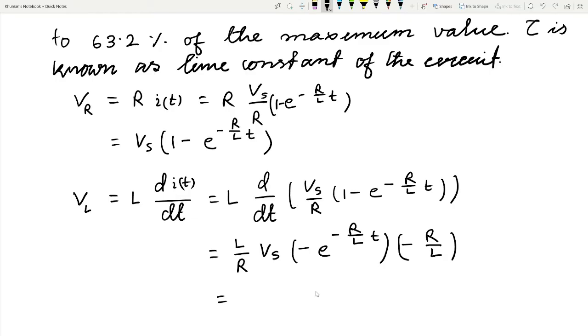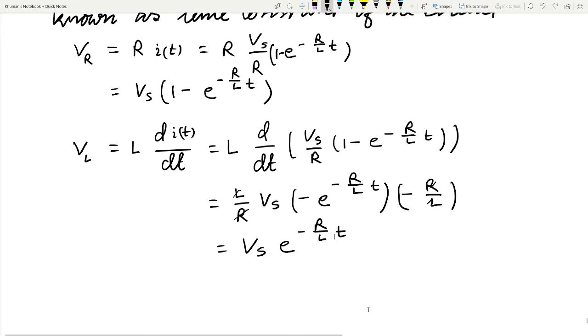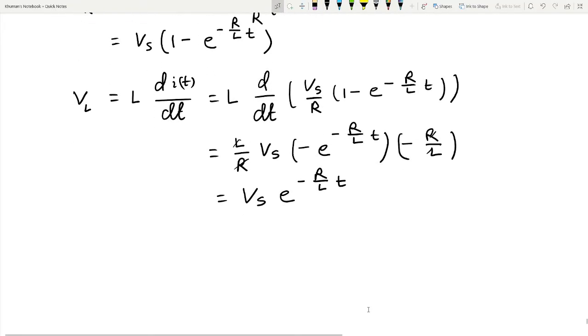This 2 will be cancelled out and this 2 will be cancelled out. Okay, then it will be Vs e to the power minus R by L t.